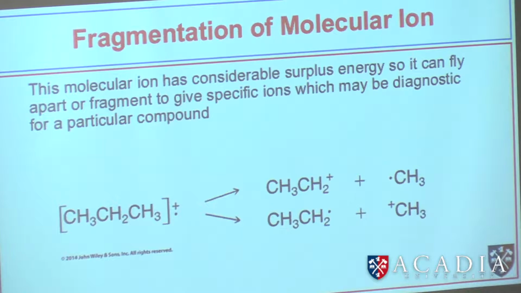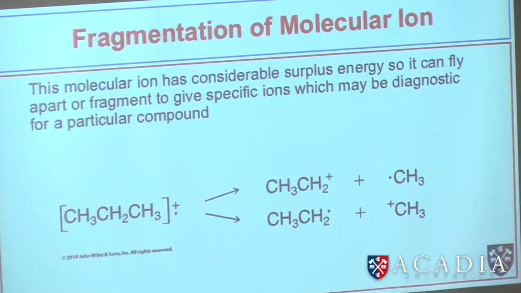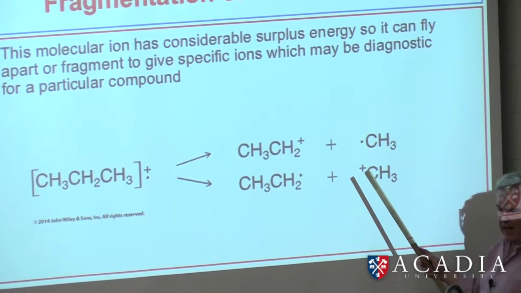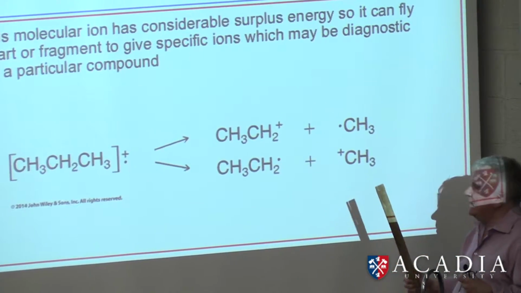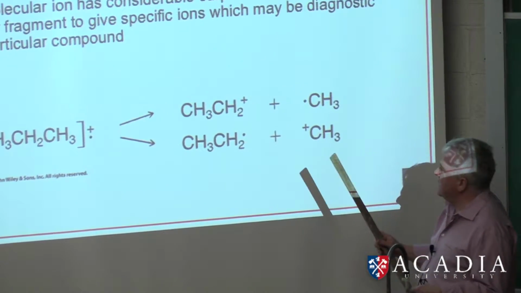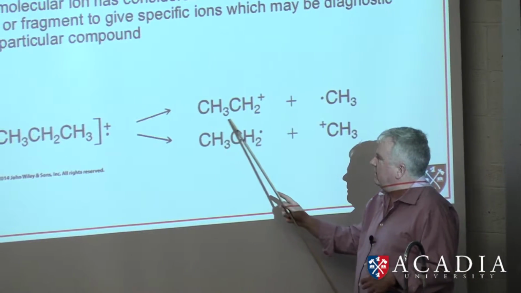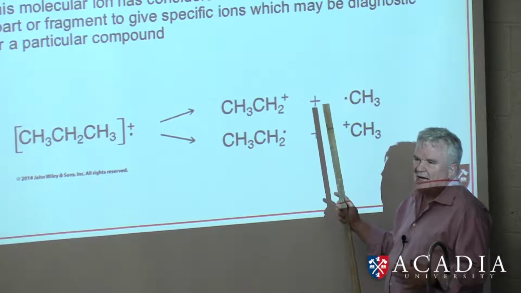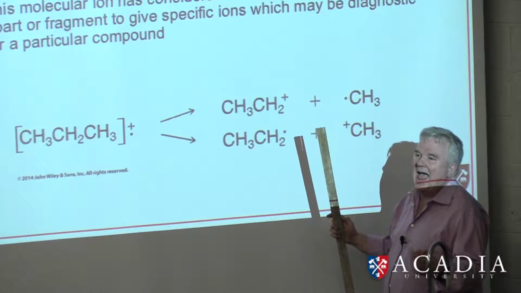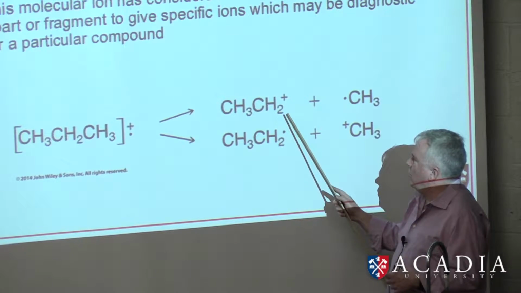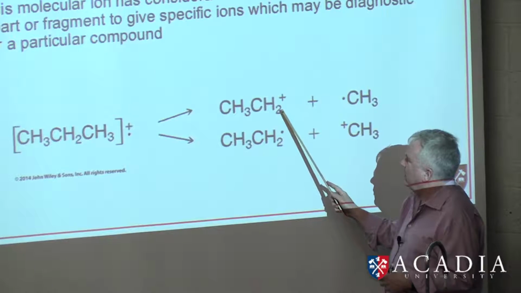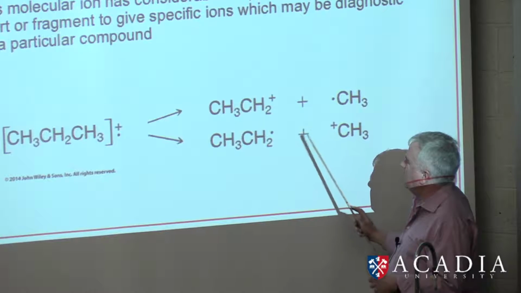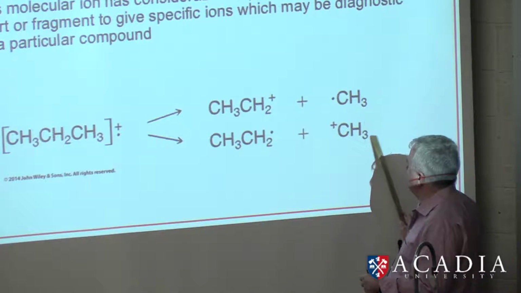Why is that? Well, as it turns out, we know that radical stability is a reflection of carbocation stability. But in terms of stability, it's much more important for the cation to be stabilized versus the radical. Radicals aren't as unhappy as cations are. So the case where we get the ethyl cation and the methyl radical is more likely than the case where we have a methyl cation.